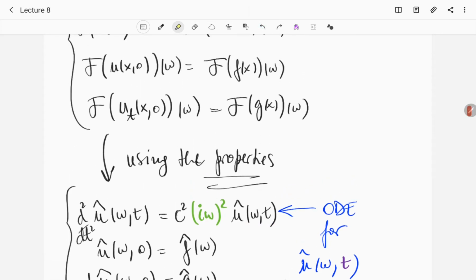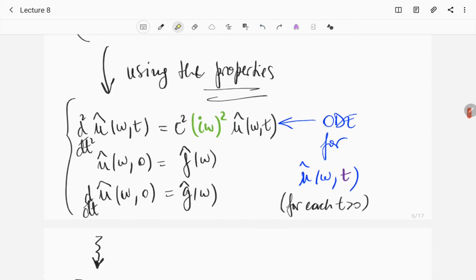Okay, and then in the second line, we just have the Fourier transform of u at this particular time, 0, and here the Fourier transform of f. In the last line, again, here we will have the Fourier transform of g, and here again we use the property that we are Fourier transforming with respect to x, so this derivative with respect to t just goes out of the Fourier transform, and then we have this new problem.